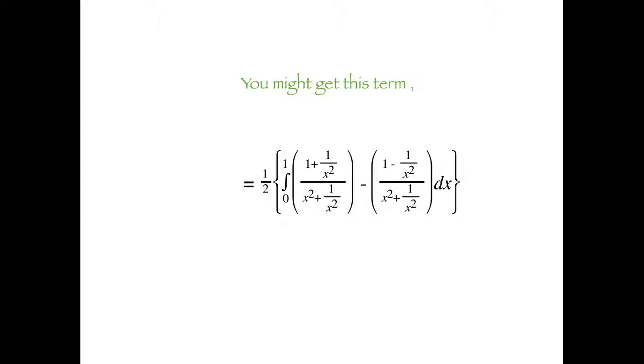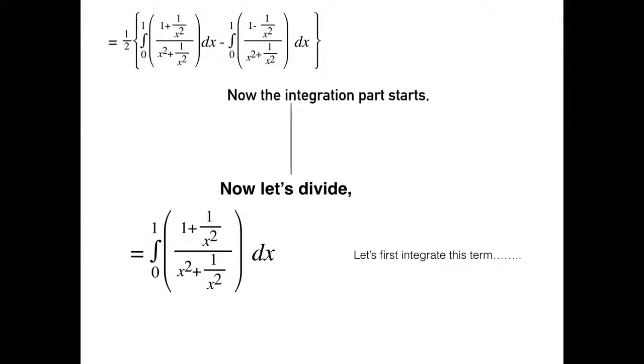Now what I'm going to do is separate the integration sign into both sides. So I'll say 1 by 2 integral of 0 to 1 of 1 plus 1 by x squared upon x squared plus 1 by x squared dx, minus integral of 0 to 1 of 1 minus 1 by x squared upon x squared plus 1 by x squared dx. This is how you are going to separate these two terms.